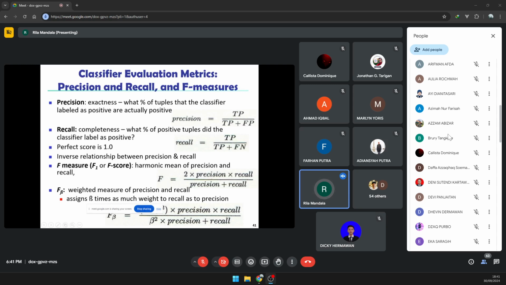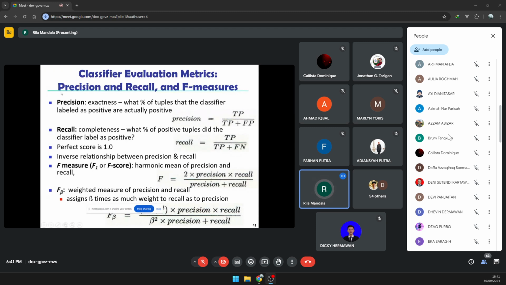So precision actually measures exactness: what percent of tuples that the classifier labeled as positive are actually positive? But recall represents completeness: what percent of positive tuples did the classifier label as positive?